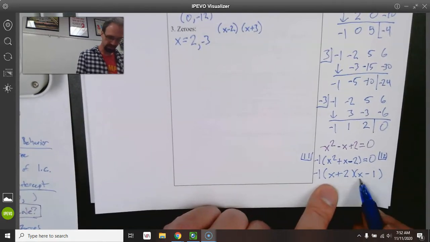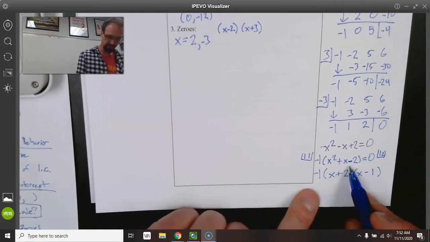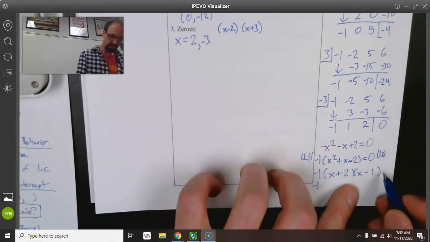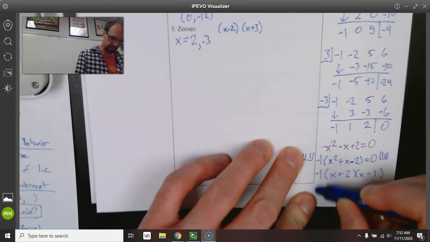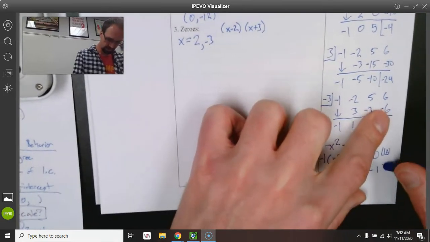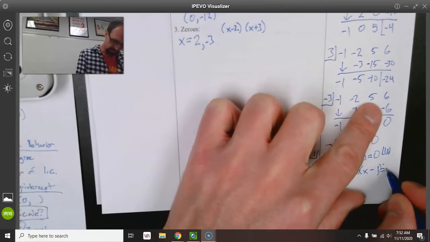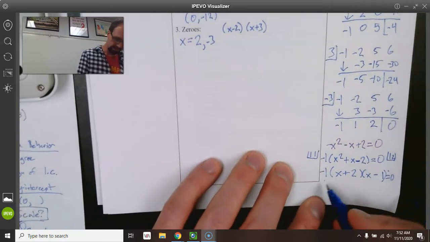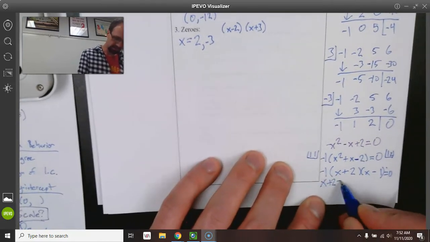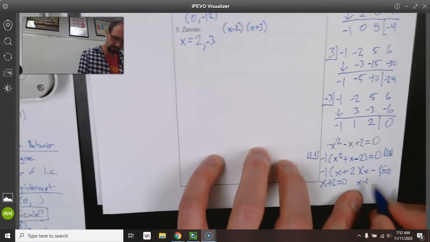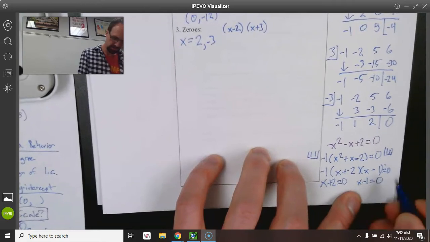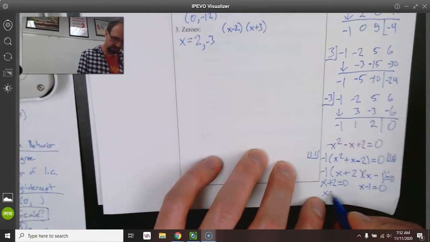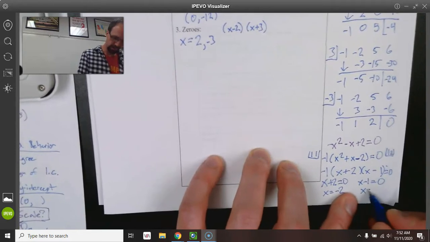That's negative 2, positive 2, minus x. So here I have 0 equals 0. Forgot to include that at the end. So here I have x plus 2 equals 0 and x minus 1 equaling 0. So that gives me x equals negative 2 and x equals 1.